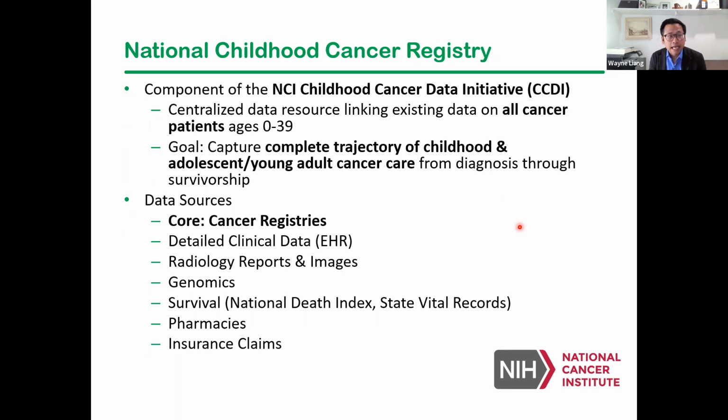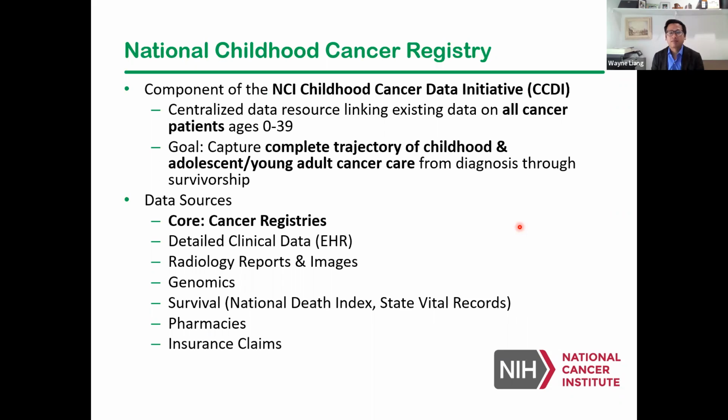So the National Childhood Cancer Registry is a new effort launched in the last couple of years to improve upon and modernize the U.S. cancer registry infrastructure. The idea is to provide a centralized data resource linking all existing data for all cancer patients below the age of 30, up to 39. So that includes pediatric and adolescent and young adult, identified as less than 40.